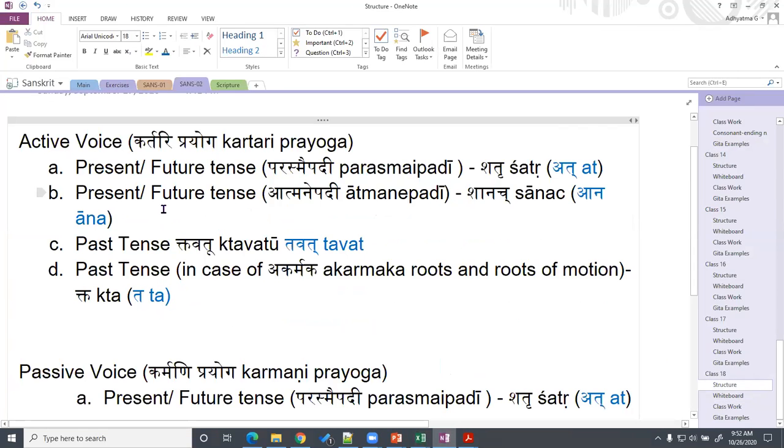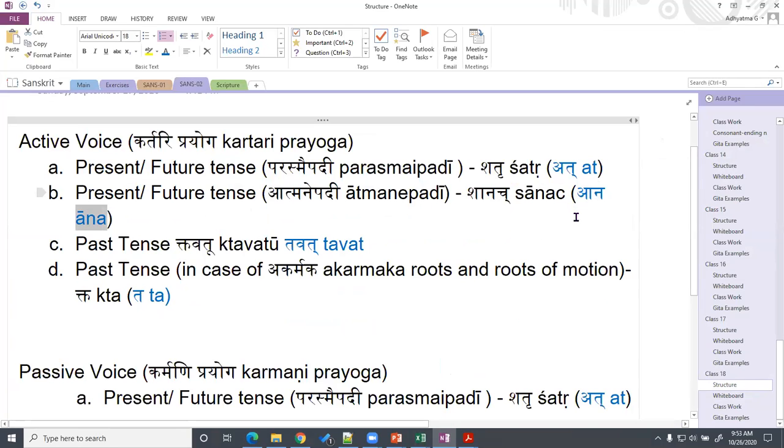So if I look at it from this perspective, active voice: there is a present or future tense, parasmaipadi. This is the suffix for making the participle, shatru or at, just like we saw. Then present or future tense for the atmanepadi verbs, this is ana as the suffix, like bhashamana.